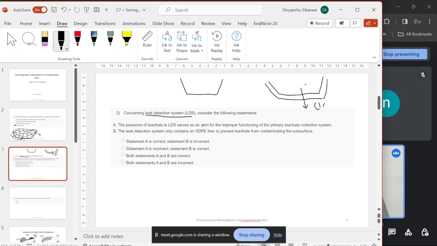There is a specific layer put in these layers, which is called the leak detection system. Have you studied about this? No, sir, no idea. Okay.